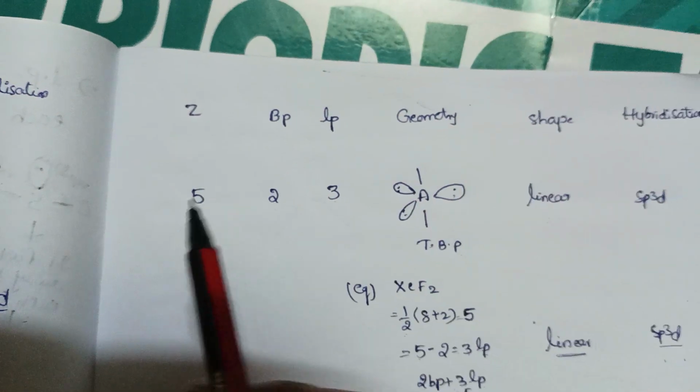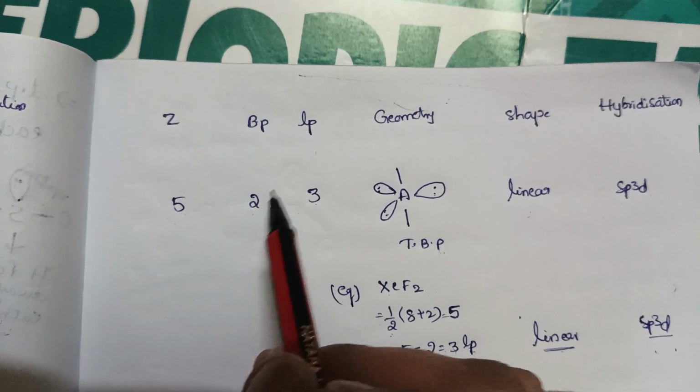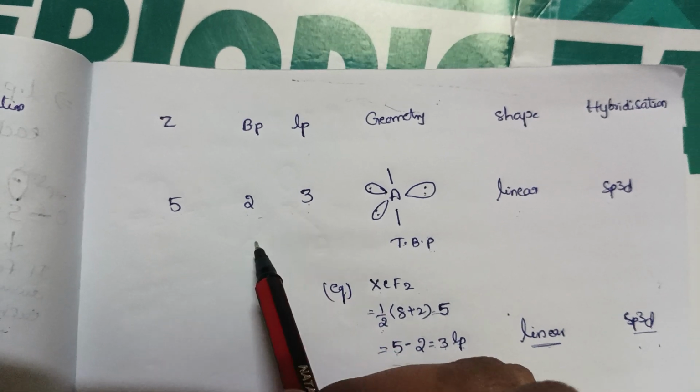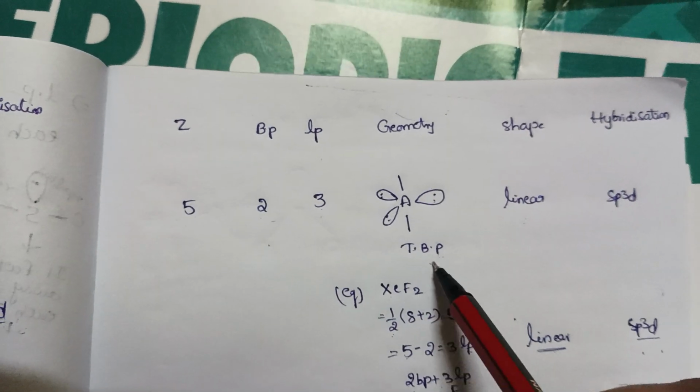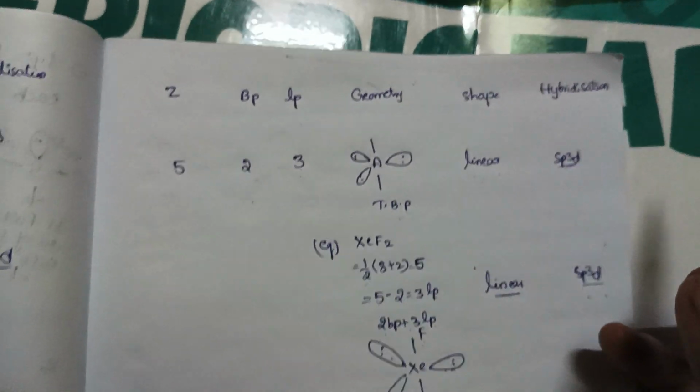If the Z value is 5, the bond pairs are 2 and lone pairs are 3 present in the molecule. The geometry is trigonal bipyramidal, the shape is linear, and the hybridization is sp3d.